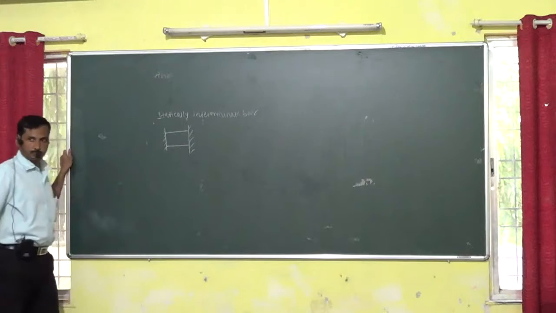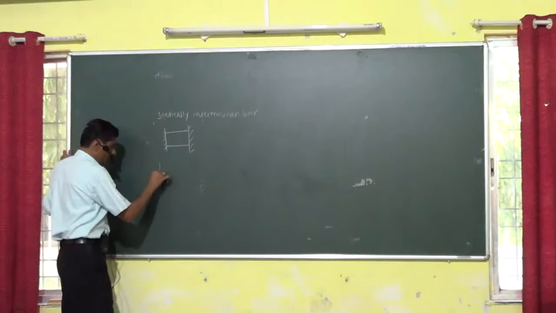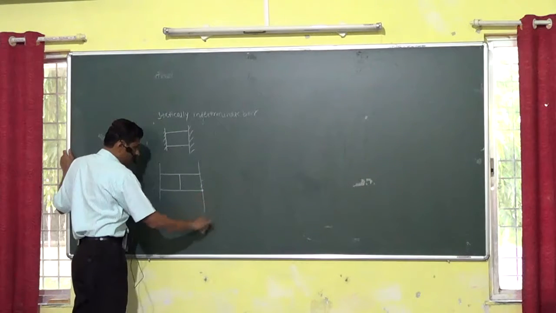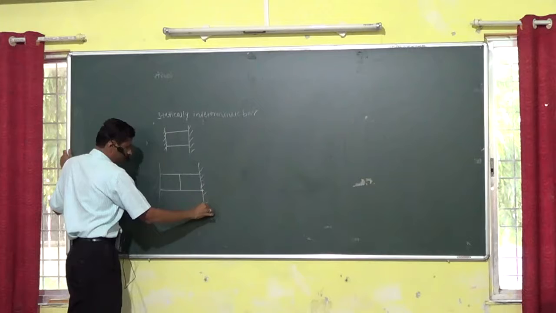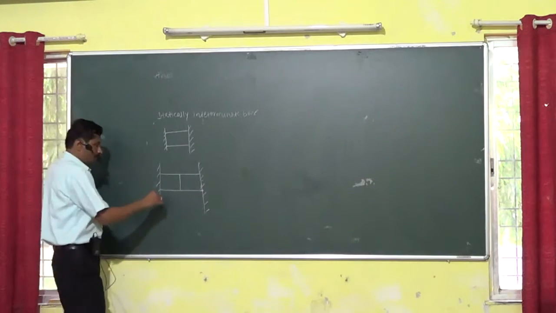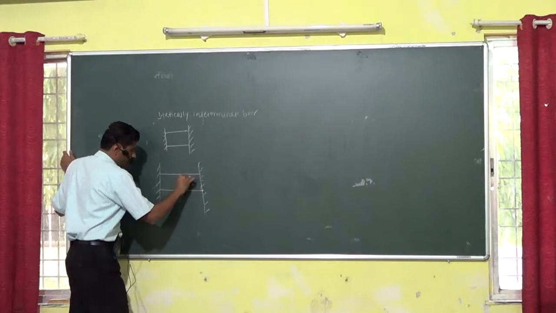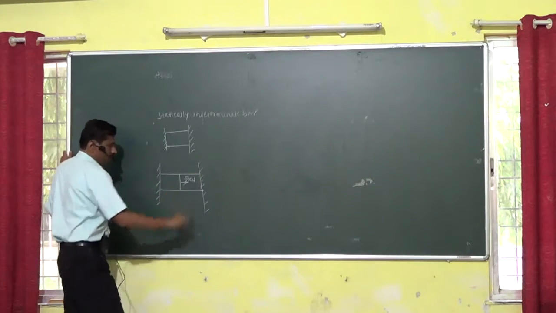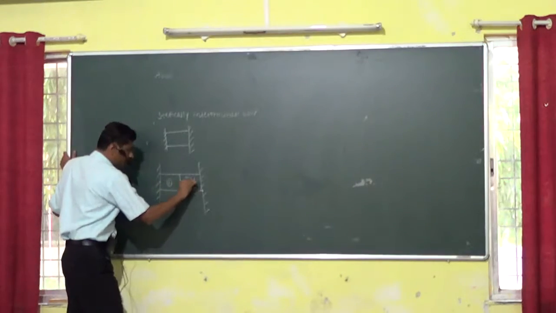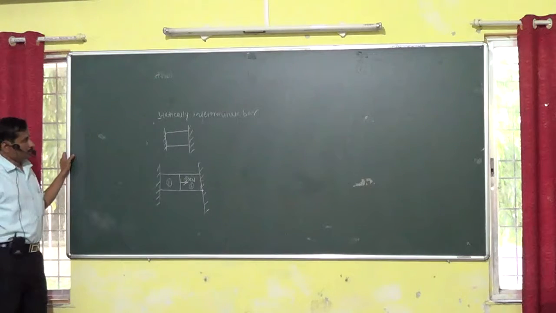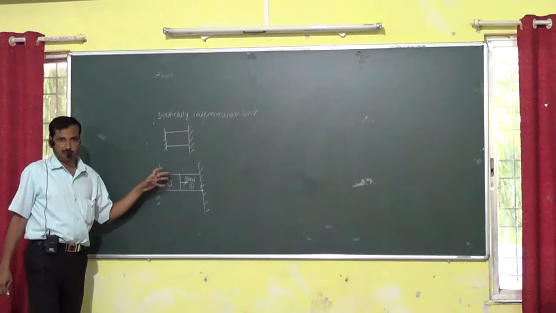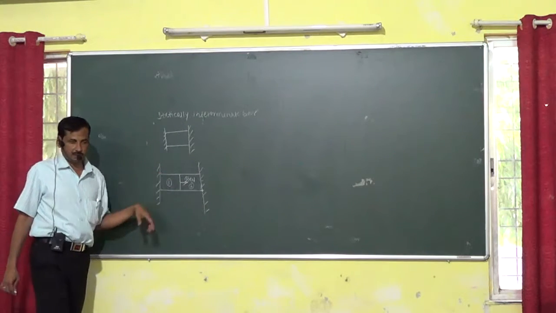If we take the case, suppose any bar with two different sections, so this is section 1 and section 2 is present here, and in between that section, if some magnitude of force is acting, suppose 50 kilonewton amount of force is acting in between this section 1 and section 2, then this will become a statically indeterminate system or statically indeterminate bar with two different sections.